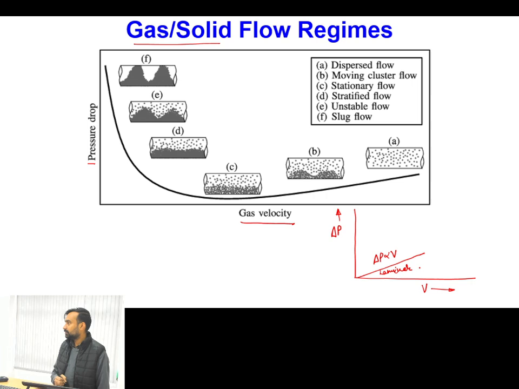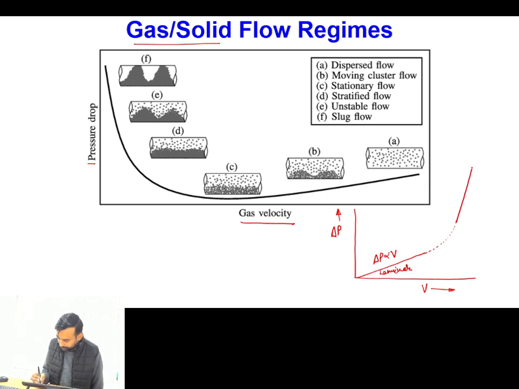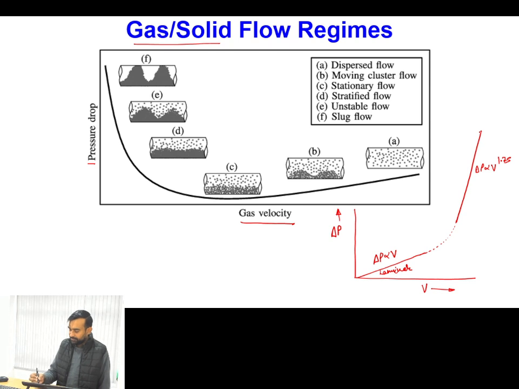So delta P is directly proportional to velocity for laminar flow. Whereas when we go away from this, it follows some curve, and after that this curve follows a relation of delta P proportional to V to the power 1.75, and where it follows this relation, this is our turbulent flow.